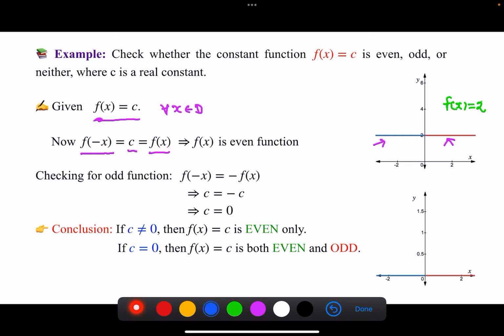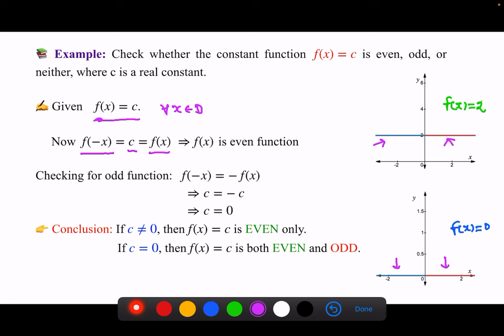Now, this function is f of x equal to 0, meaning c equal to 0. You can see that the left side of this graph is the mirror image of the right side. The graph is symmetric. So f of x equal to 0 is even.